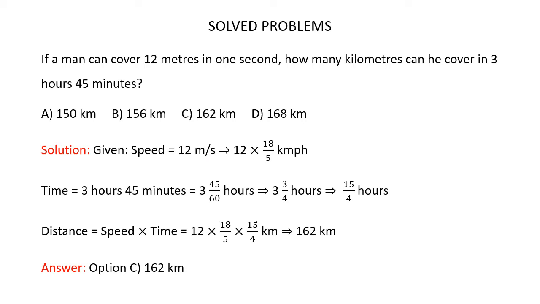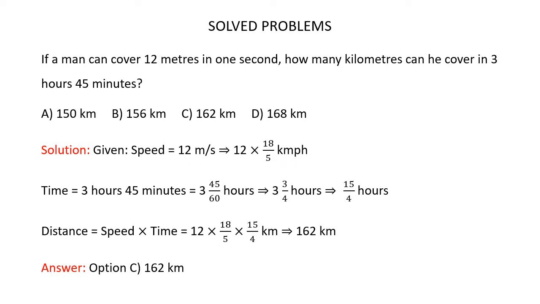Now when you look at the options, we see that all the options are in kilometers. So let's convert this speed to kilometers per hour. To do that, we have to multiply this with 18 by 5. So the speed is 12 multiplied by 18 by 5 kilometers per hour.